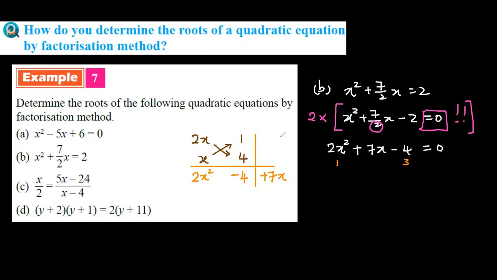So we have x times 1, 1x. 2x times 4, we get 8x. After that, we need to add them together, right? How do we get 7x from 8x and x? It must be positive 8 minus 1. Positive 8 minus 1, then only you get positive 7.